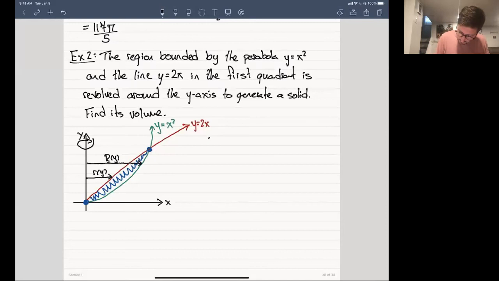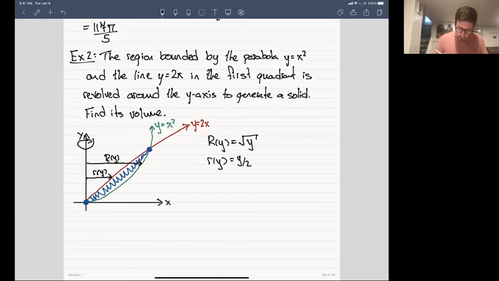So if we take square roots on both sides, and we use the fact that y is positive in this case, x is positive in this case, we get the square root of y. Similarly, if we rearrange y is equal to 2x as a function of y, this gives us y over 2.